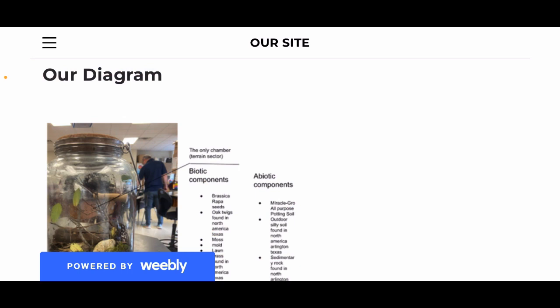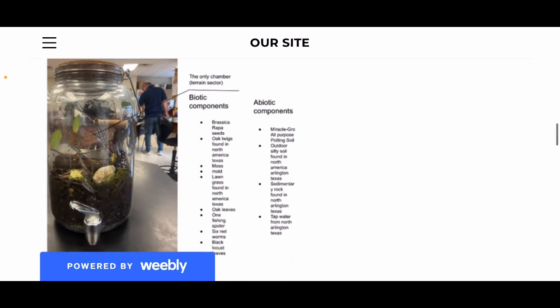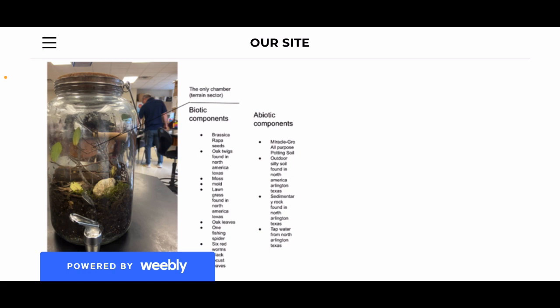This is the diagram part of our mesocosm, where I am going to list the biotic and abiotic factors. For the biotic factors, there's the leaves found in Arlington, North Texas, the twigs and branches found in Arlington, North Texas.